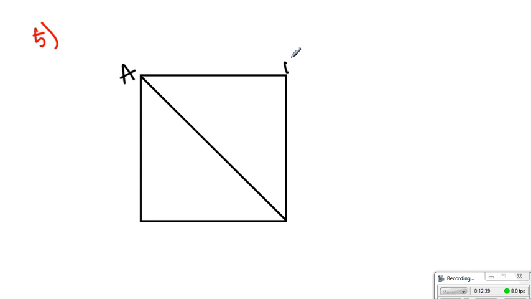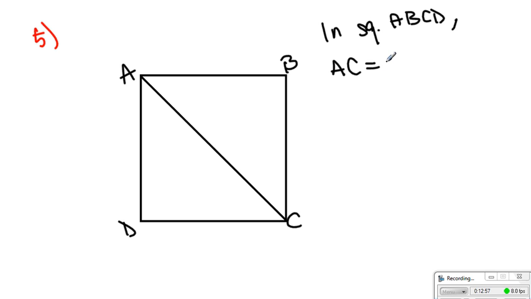Let's call this one A, B, C, D. This time, in square A, B, C, D, AC is given as, let us say, how about 12? Then maybe find AB. How are you going to do that?